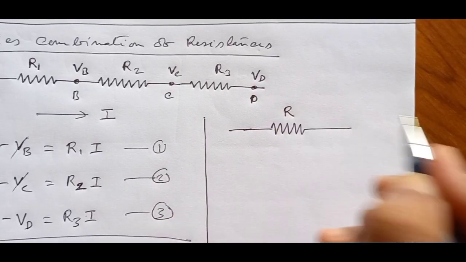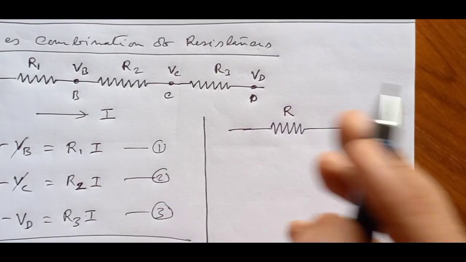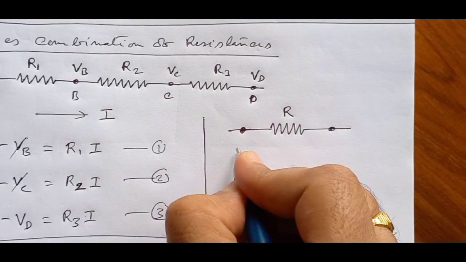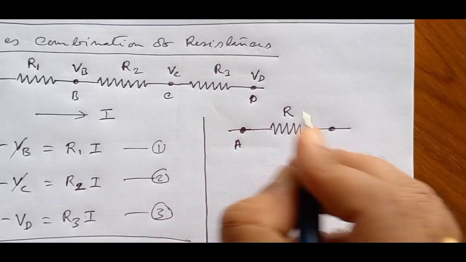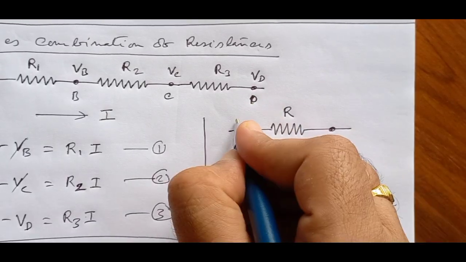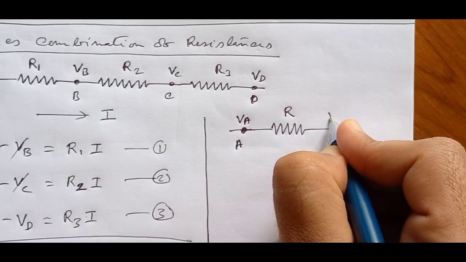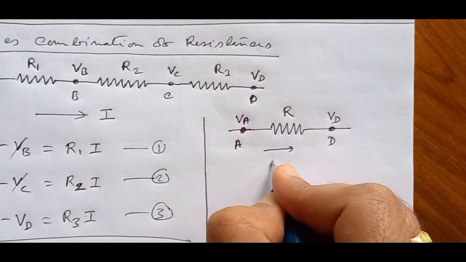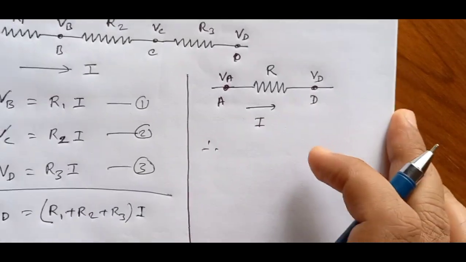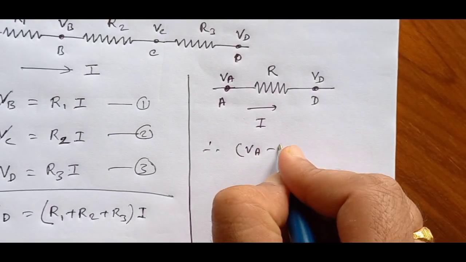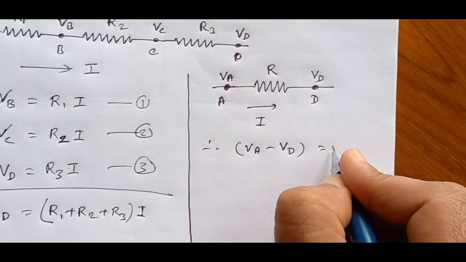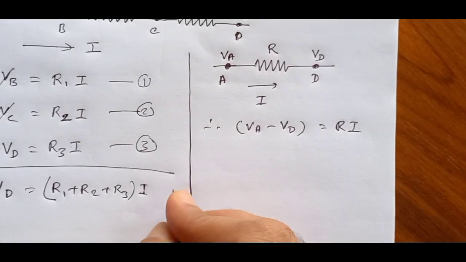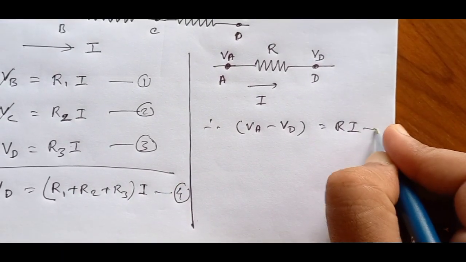Say this is R, the equivalent resistance of these 3 resistances, and this terminal is terminal A and the other terminal is terminal D. The potential is VA and this is VD, and the current through the resistance is I. Therefore for this case we can write VA minus VD is equal to R into I. Suppose this is equation number 4 and this is equation number 5.